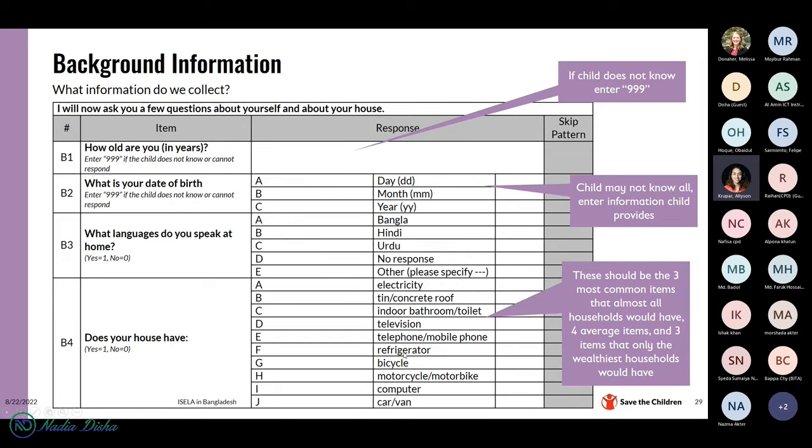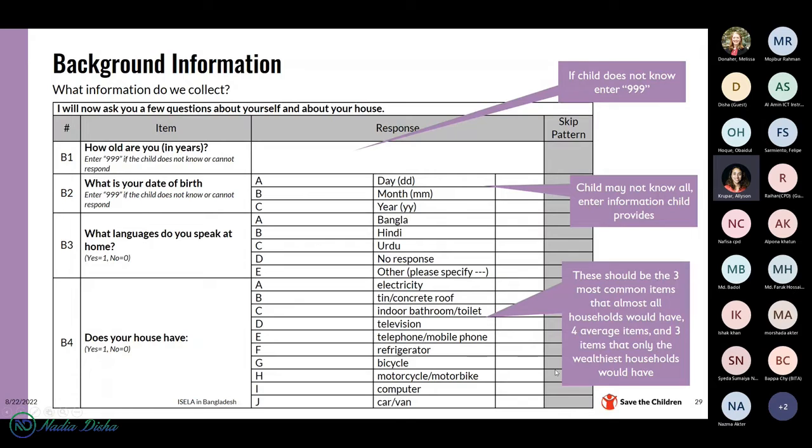So most households, but not all households, might have a television, a telephone, refrigerator, or bicycle, for example. And then the wealthiest households would have these items, like a motorcycle, a computer, a car, or van. Only the wealthiest households would have those.